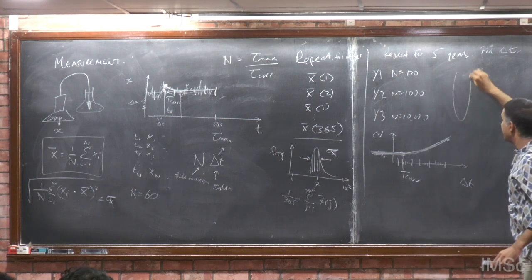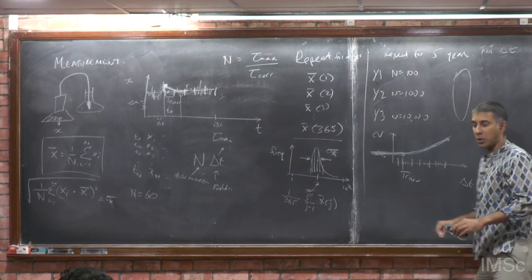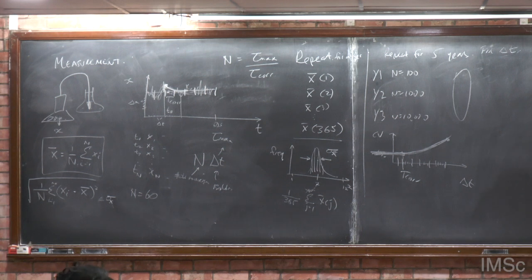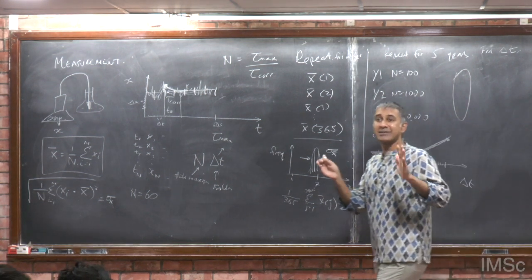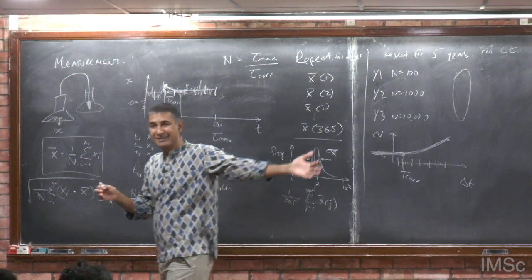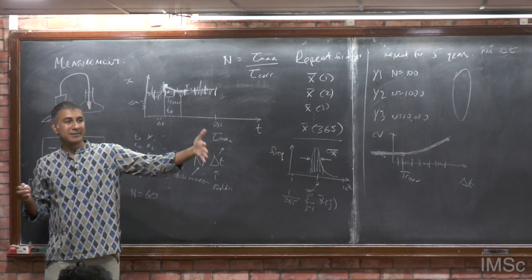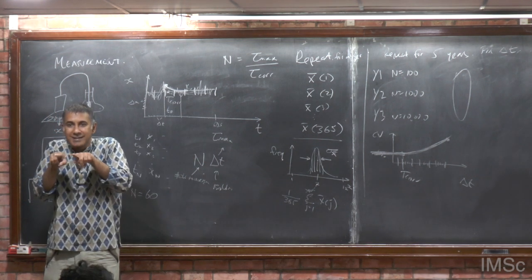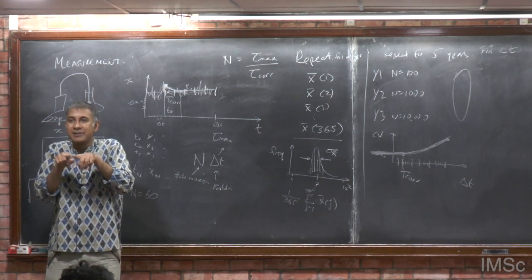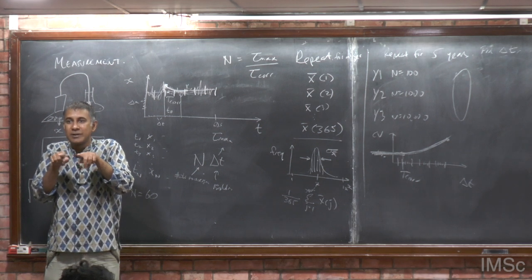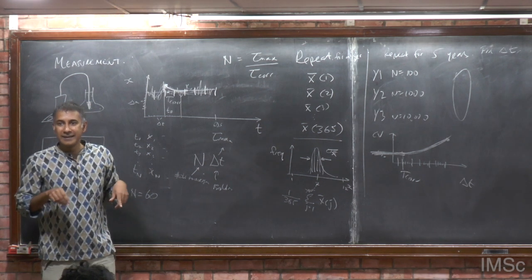What happens to the width of this? Any guesses? So I measure for 1 minute, 10 minutes, 100 minutes. There's only so many minutes in a day, but I keep extending the total number of observations, but not the distance between the observations. That's already limited, it's fixed. I can't go any smaller, right?